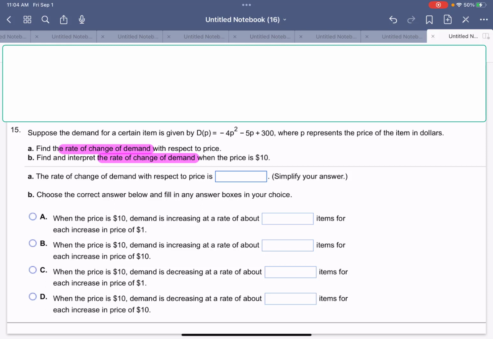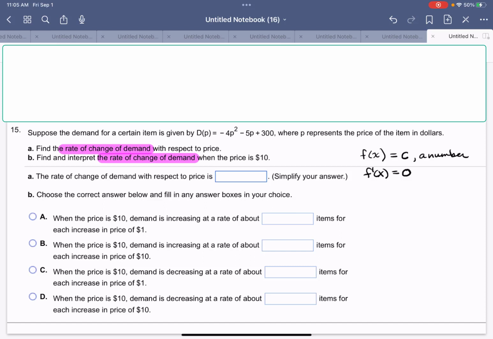Now in number 14, I started to introduce you to a few shortcuts for taking derivatives. And here were those shortcuts. If f of x, or any part of f of x, is c, a number, then the derivative of any number is 0. Because how does a constant number change? It doesn't change.